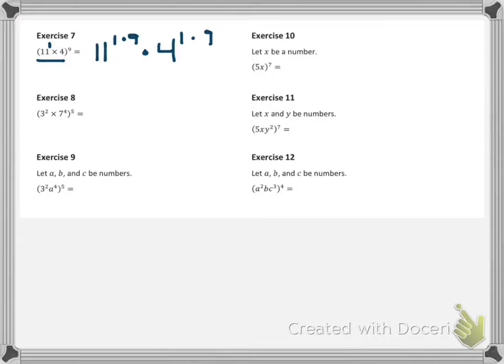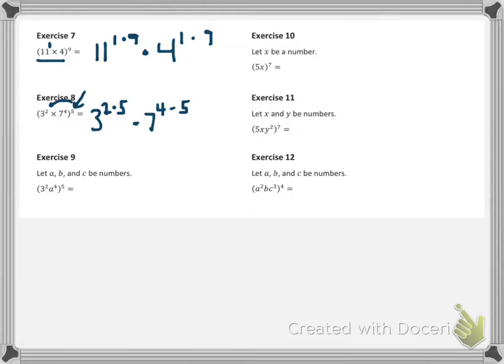Exercise 8, I have 3 squared to the fifth power, because this 5 is raising the 3 squared to the fifth power. And so I have 3 to the 2 times 5, times 7 to the 4 times 5. Right?